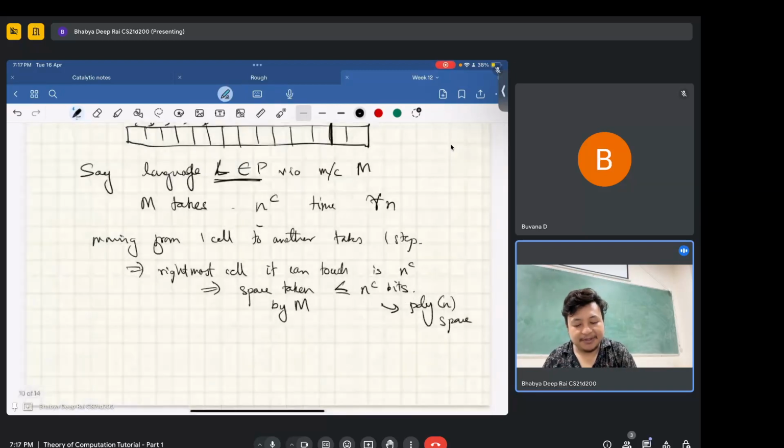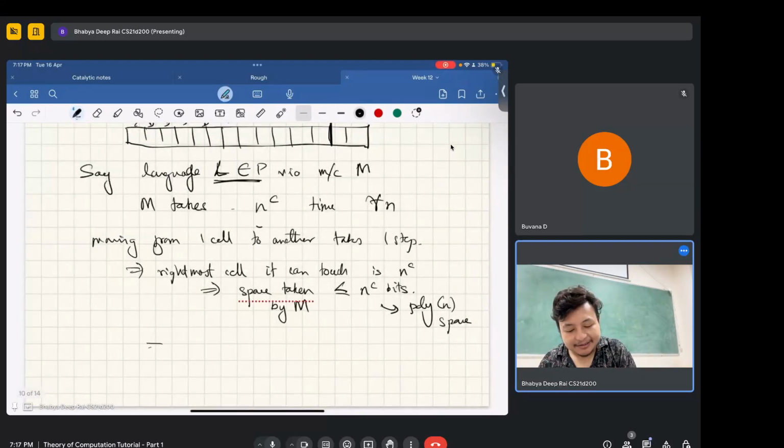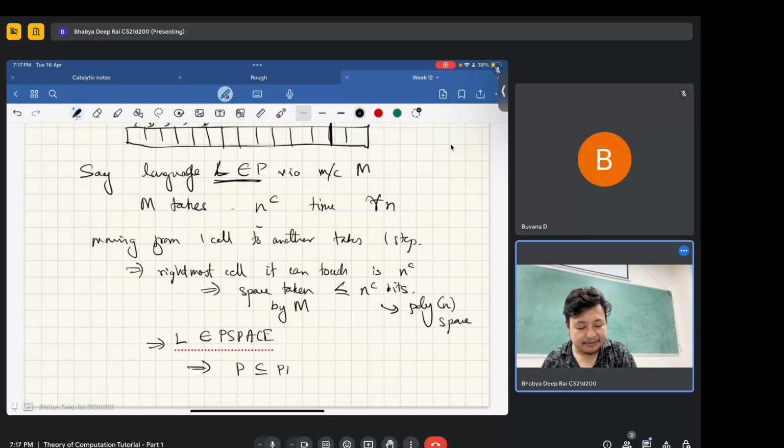Since it takes polynomial space and it decides L, this implies L is contained in PSPACE, polynomial space. Since we took an arbitrary language in P, it holds for any language in P, which means P is contained in PSPACE.